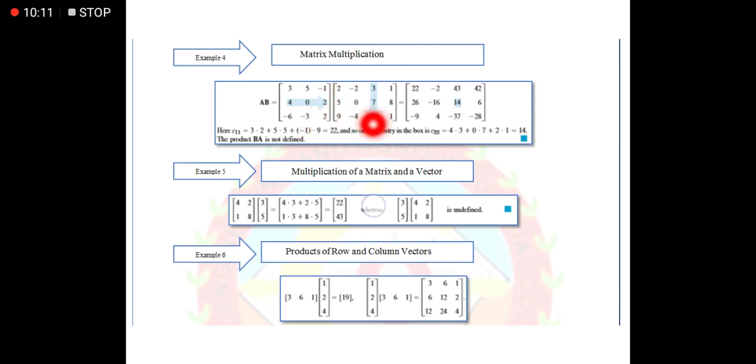Check if they are equal. If they are not equal, your multiplication cannot be performed.